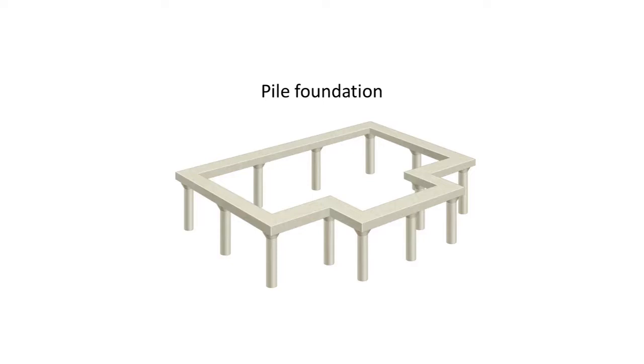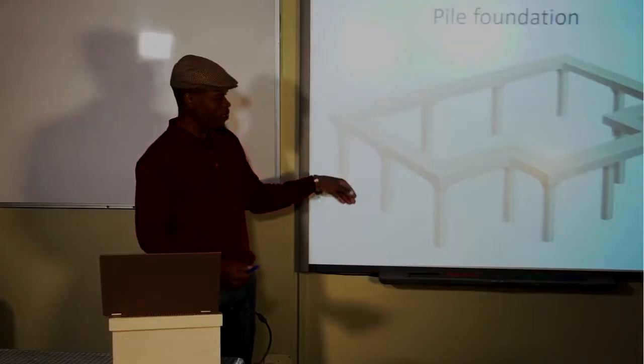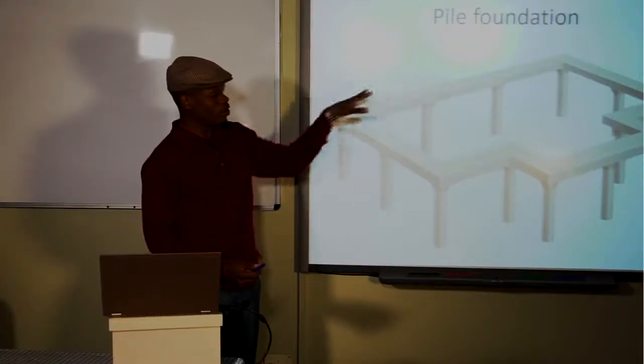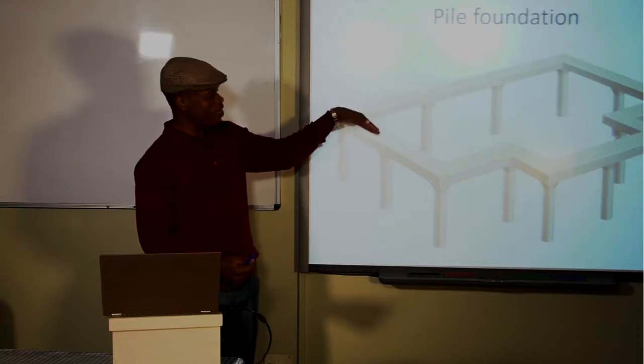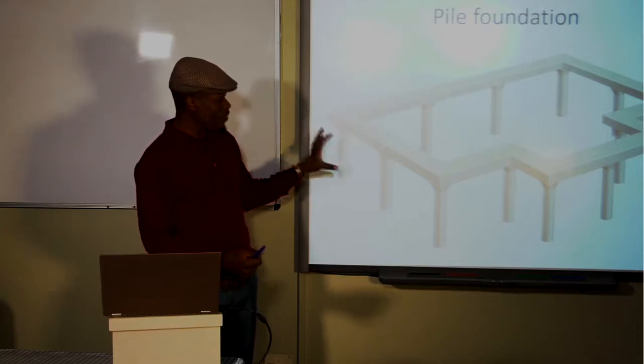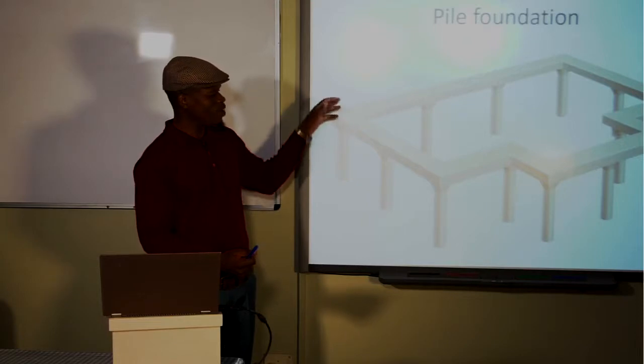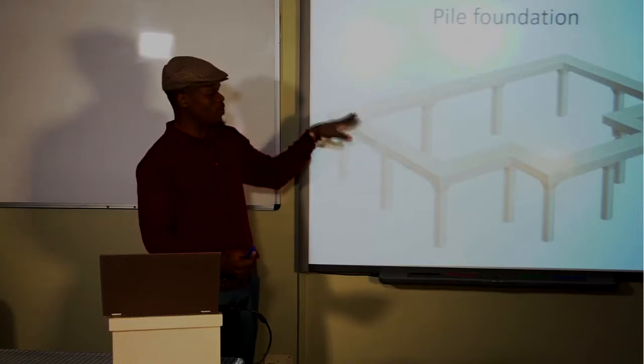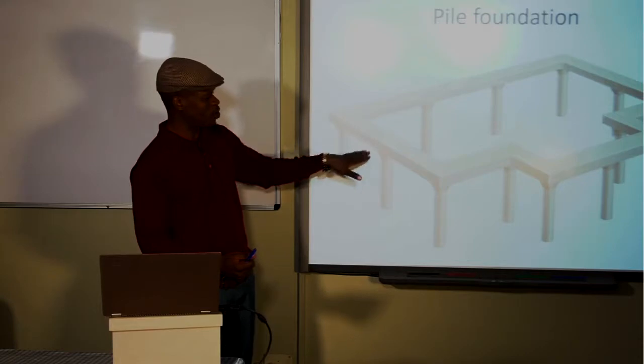Then on the pile foundation, if they drill down into the rock and put this pile foundation, then they put the ring on top, the whole building is suspended from the ground. Even if you take the soil around, this building is not going to collapse because the building is not built on top of the soil.